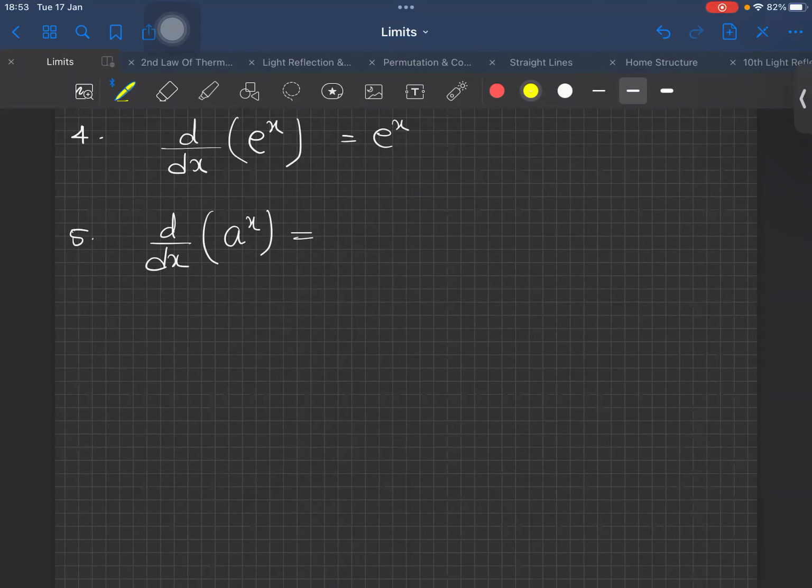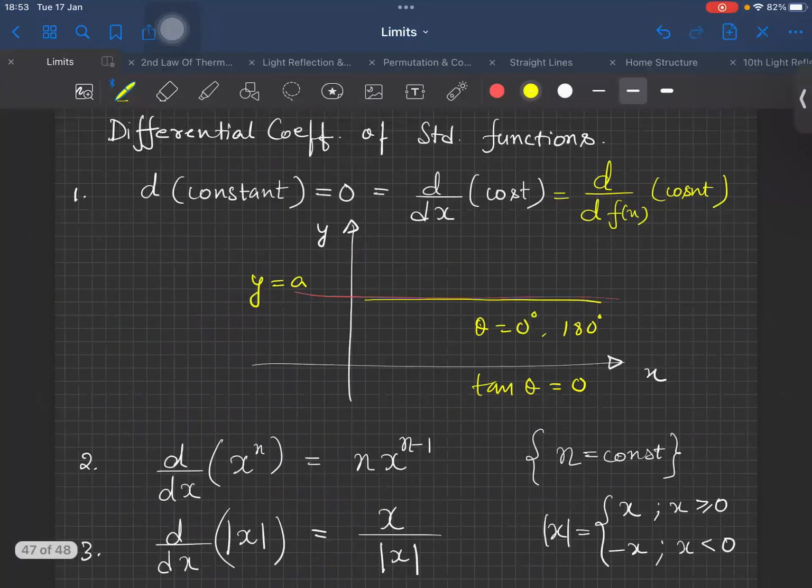See, the given function, let's write y is equal to a to the power of x, right? Here you have to understand a is not the variable, a is the constant. So you cannot use this formula, because there n is constant and x is the independent variable.